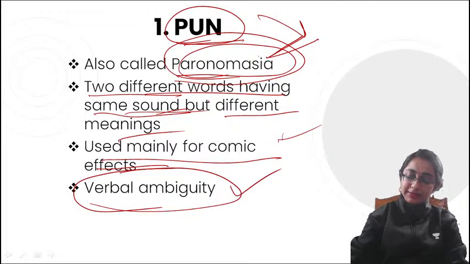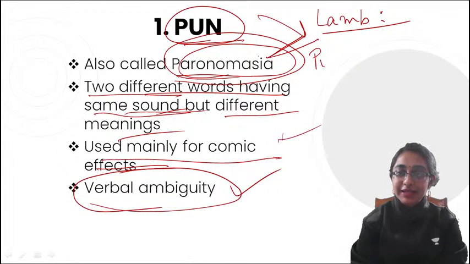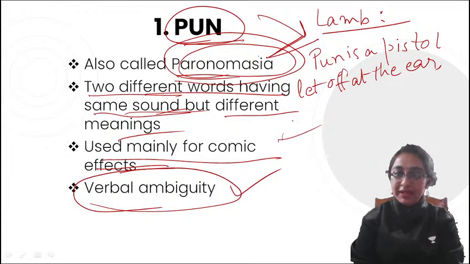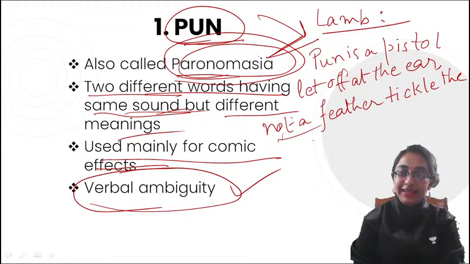And a very interesting quotation is there. Charles Lamb, you all know Charles Lamb, the famous essayist. Charles Lamb has given a definition of pun. Very humorously he says, pun is a pistol let off at the ear, not a feather to tickle the intellect.